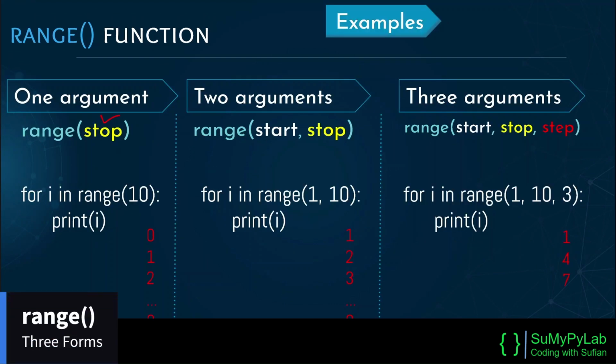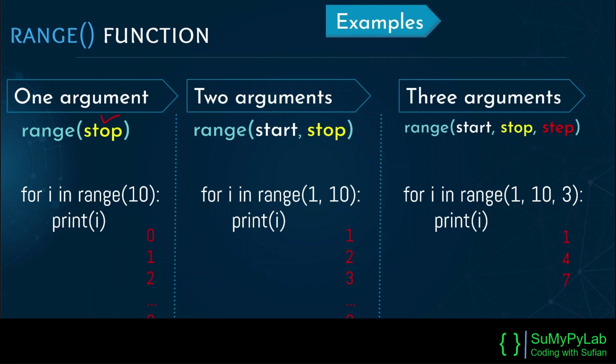Now let's check how the range function behaves with different numbers of arguments. As discussed, the range function accepts up to 3 arguments. If it is only one argument, it will be treated as stop. If we supply 2 arguments, they are treated as start and stop. And if we provide all 3 arguments, the first one is start, the next one is stop, and the last one is step.